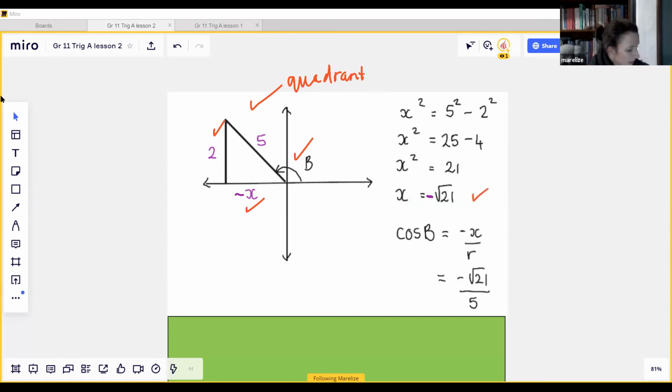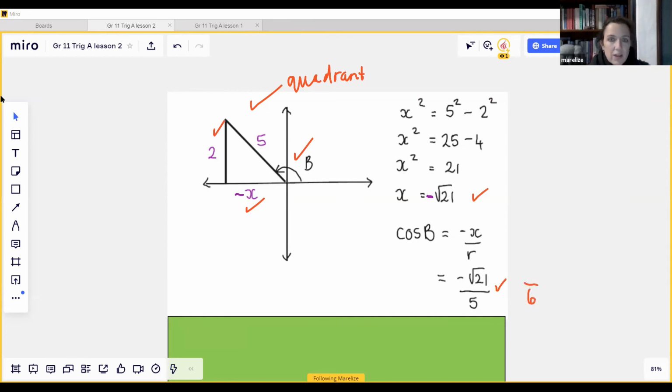And then cos B is negative x over r, and that's negative root 21 over 5. Okay, you keep that 21 in a root. Don't use a decimal. Not at all, because the question says no calculator. And the minute you give it away that you're using a calculator, you lose the marks. Okay, so give yourself a mark out of 6.